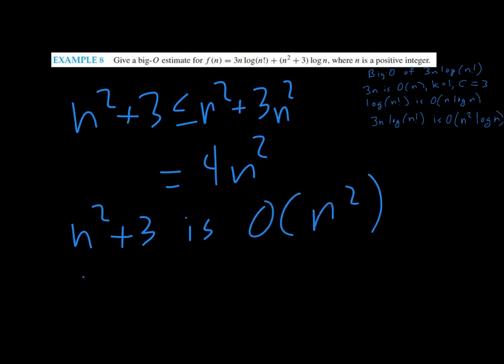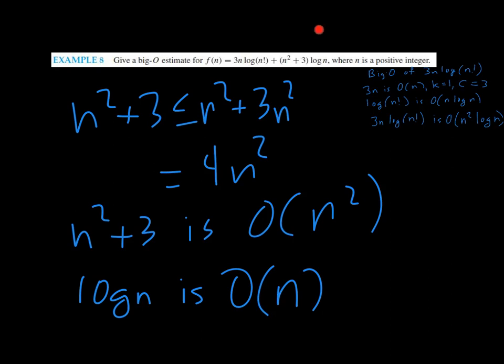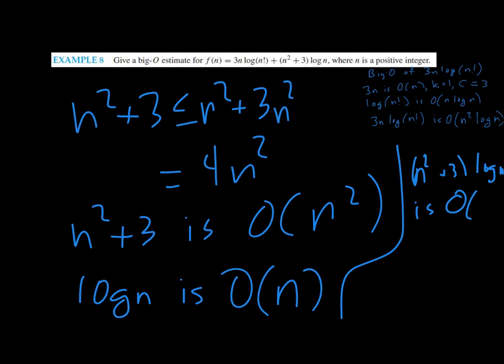And because of what we did previously, log of n is big O of n. Since we're multiplying these together, that tells us that the whole thing, n squared plus 3 times log of n, is O of n cubed.